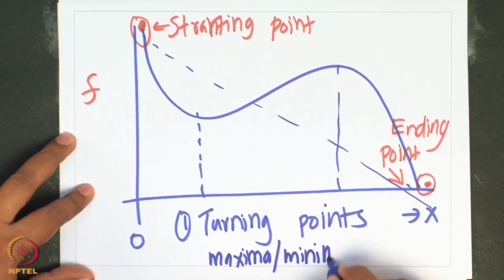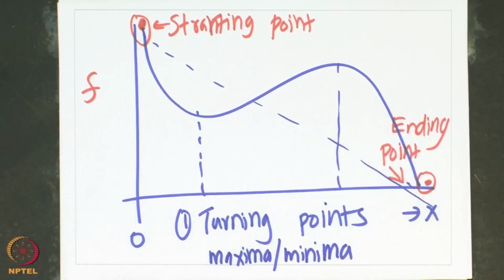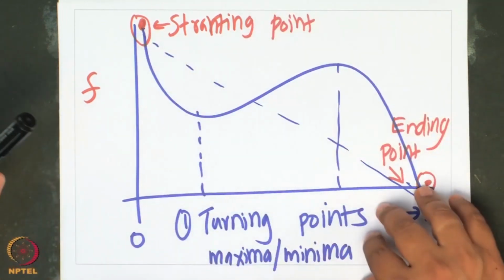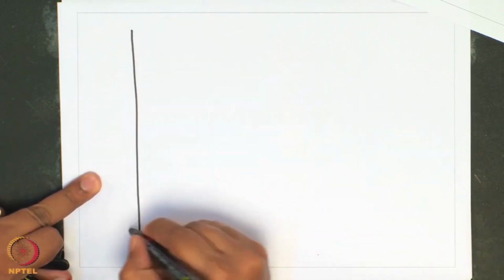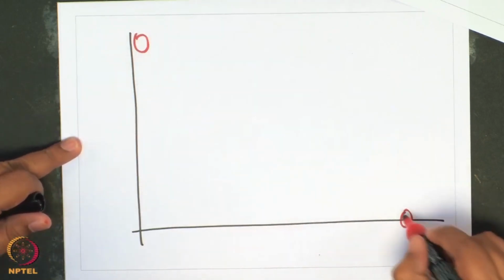We will understand how each of these can be found, and then we have to know what kind of turning points it has. I could have a very similar curve, but with a different behavior. Let us say I could have some function which has a starting point here and an ending point here.